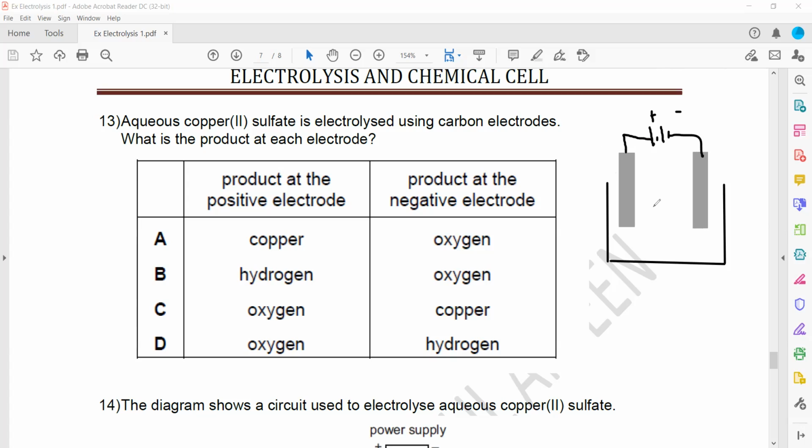You have copper ions, sulfate ions, hydrogen ions, and hydroxide ions. This one is a cathode, and here is an anode. For positive ions, what is the criteria? We check the reactivity. Copper is less reactive, so that will move towards the cathode. So when we write the equation at the cathode or negative electrode, cathode is the negative electrode.